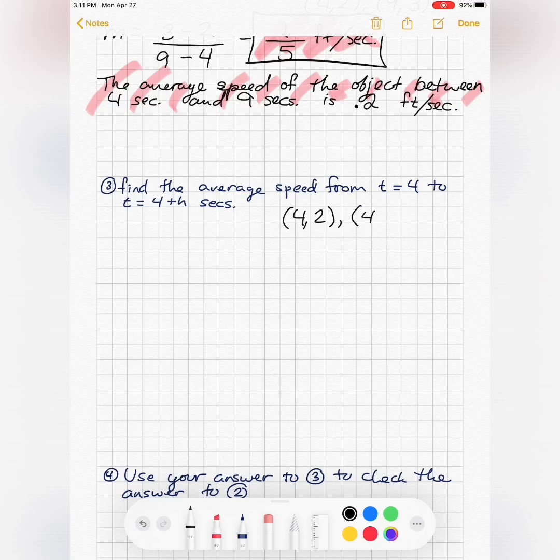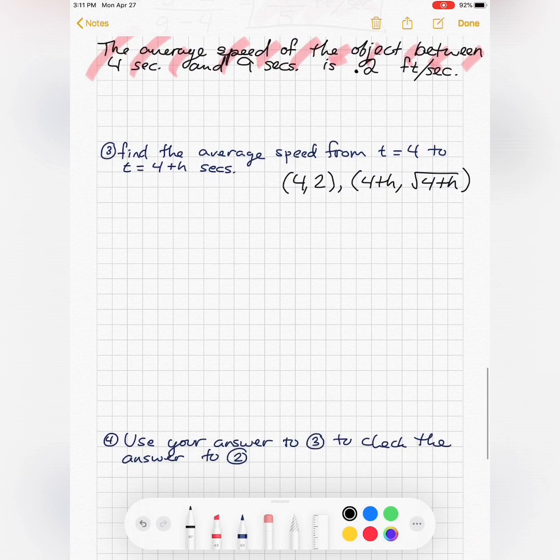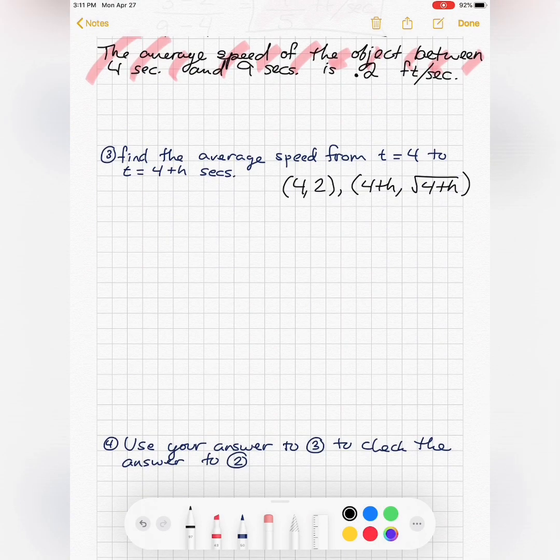If I plug 4 plus h in the function, that's square root of 4 plus h, right? Okay, so then I'll expect my answer to have variables in it. Root 4 plus h minus 4 over, oops, I made a mistake there.